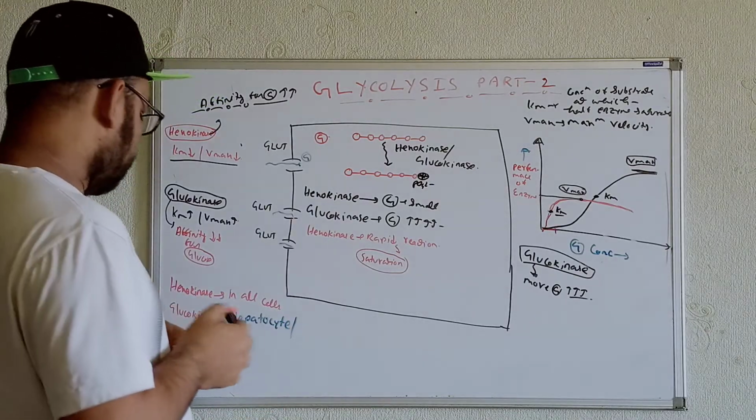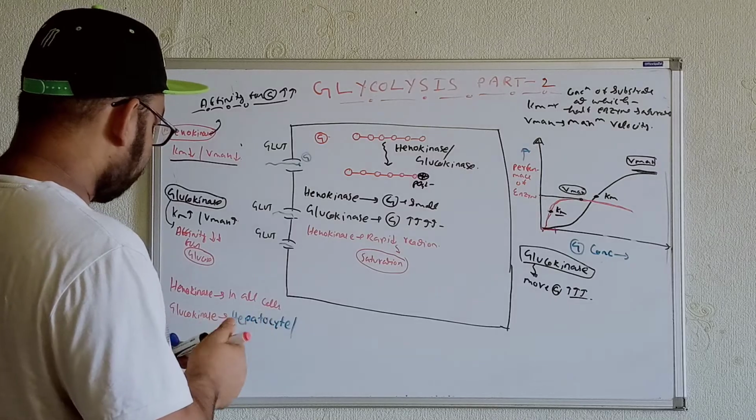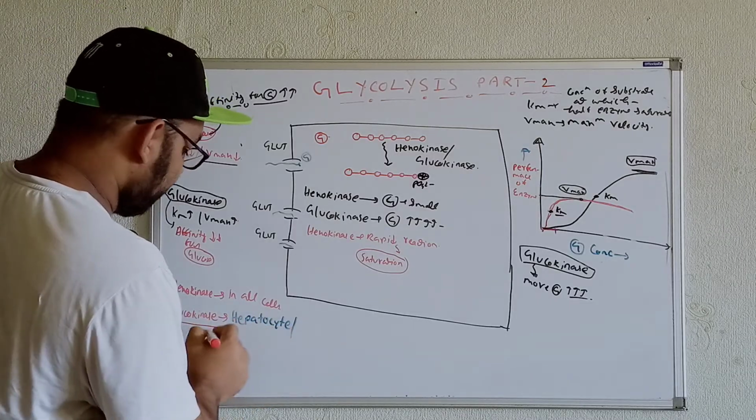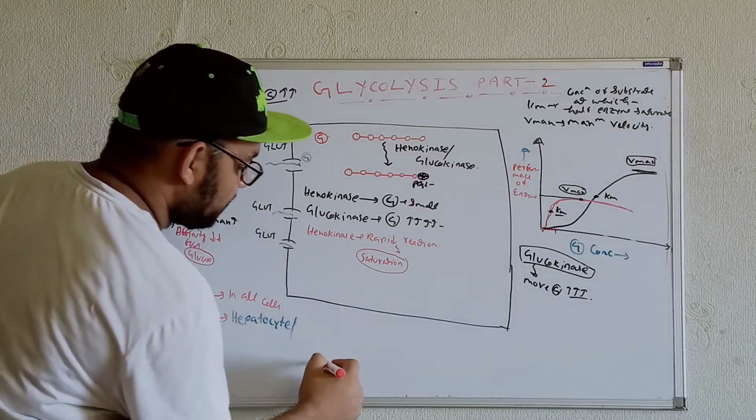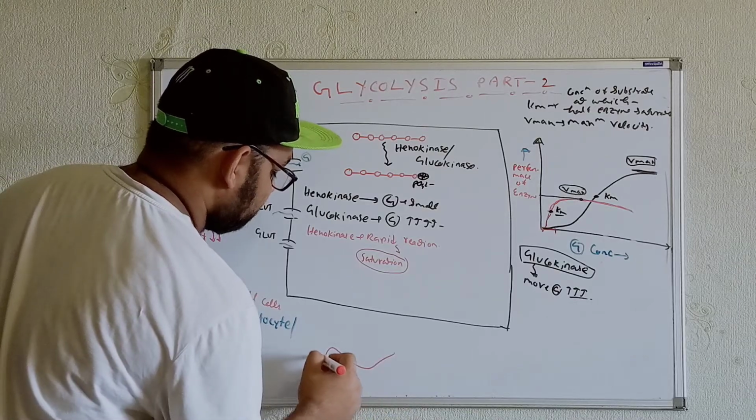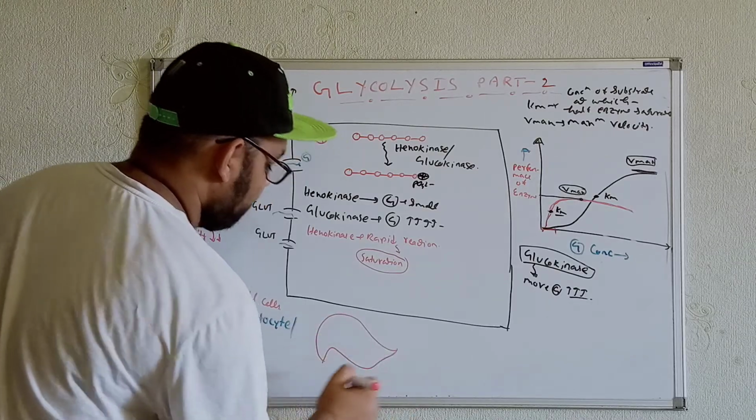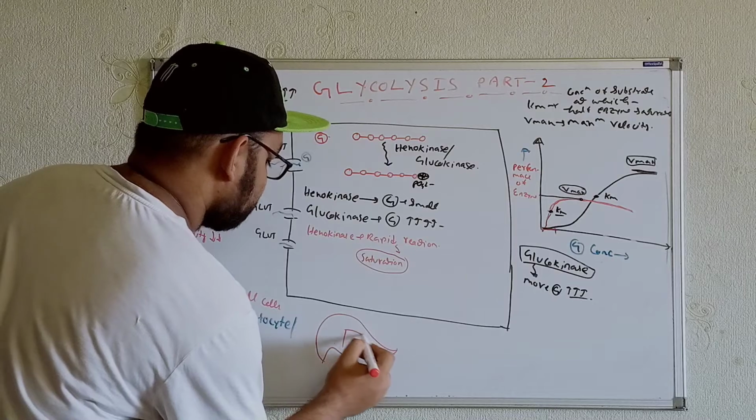Now see the hepatocytes. That means here we get the glucokinase. Now if we look at the structure of the liver, for example, within the liver is the hepatocyte.